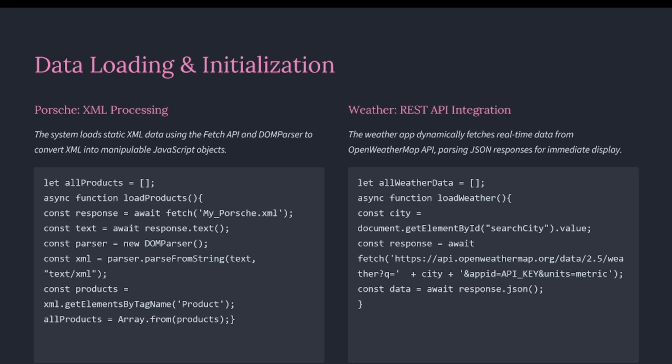And const response equals await fetch. Actually, I used fetch for my JSON. So I fetched the HTTPS, then plus the city, and then plus the API key. Const data equals await response.json(). So it will turn the response into JSON.